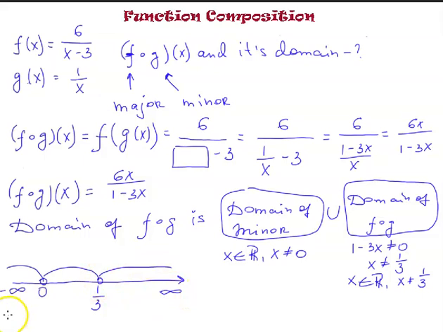And I'll use interval notation to write the domain. So that will be from negative infinity to 0, union from 0 to 1/3, union 1/3 to infinity.